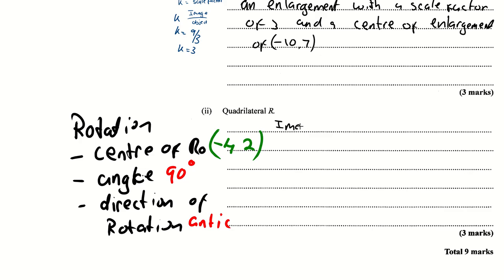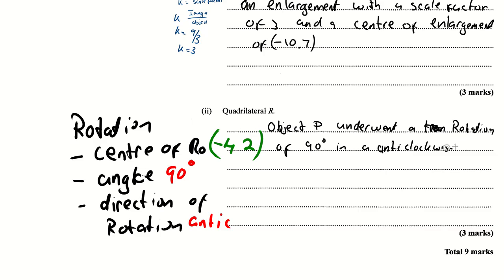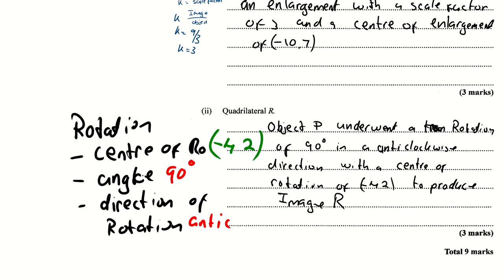So you would say object, not image, sorry, object P underwent a rotation of 90 degrees in an anti-clockwise direction, with a center of rotation of -4, 2 to produce what? Image R. And that is how you would describe this.